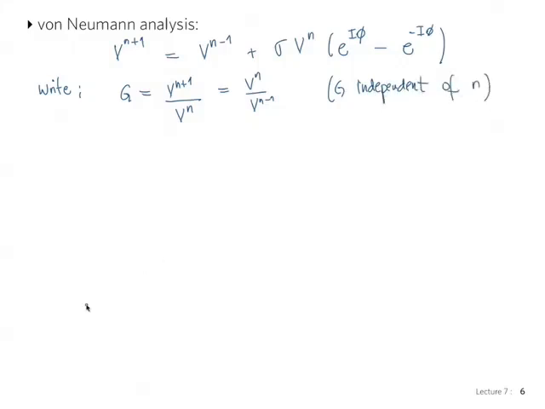For 2 consecutive time steps, the amplification factor should be the same. And so now we can divide this whole equation by Vn, and you see here I get G, and here I get 1 over G, and the Vn goes away.